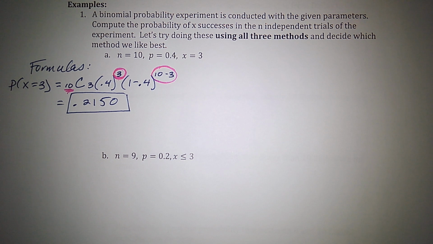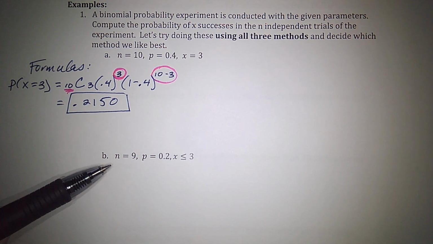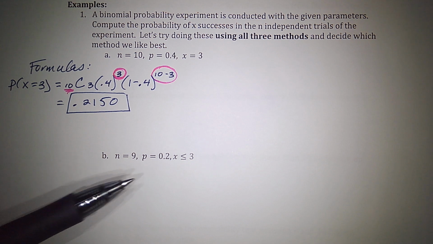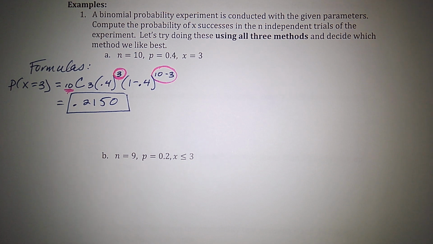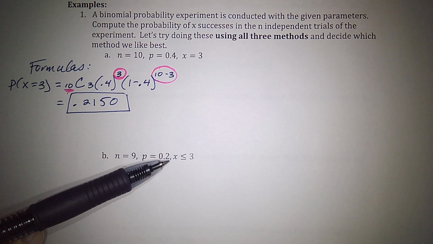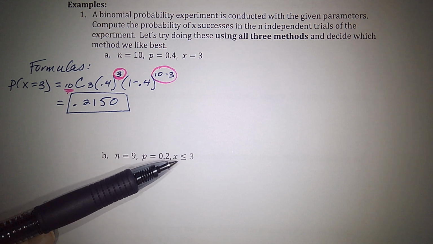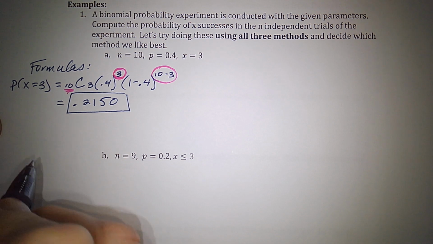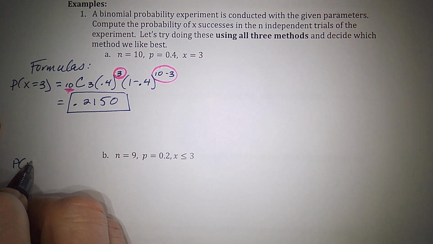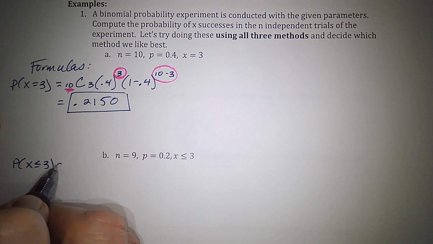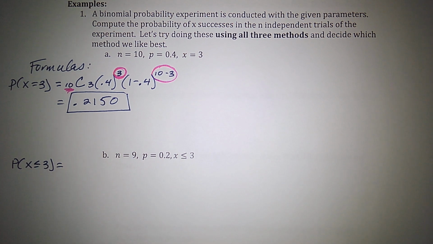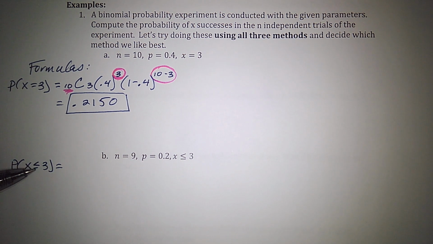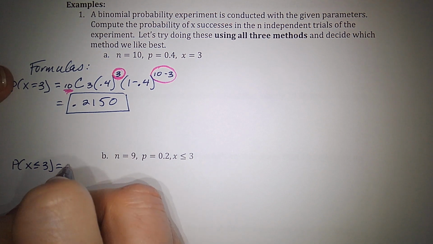For this next example, I want an n of 9 total trials. I know the probability of success is 0.2. This time I want to find the probability of getting 3 or fewer successes. So I'm looking for the probability of getting X less than or equal to 3. Less than or equal to 3 entails 3 or fewer, so it could include 2 successes, 1 success, and also 0 successes.